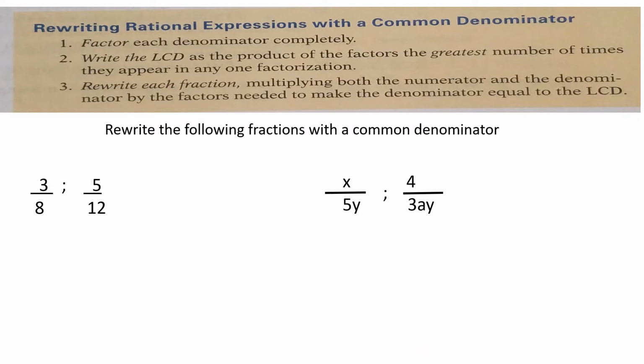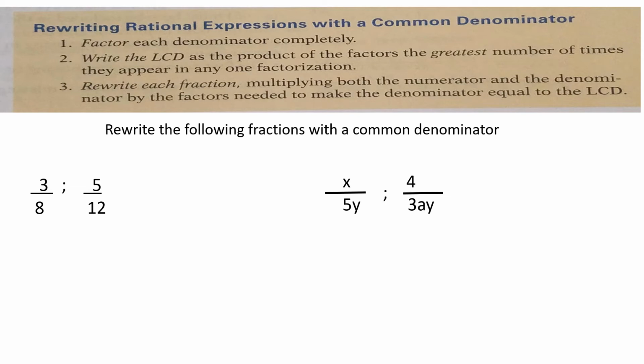So here they've given you some fractions. They say rewrite the following fractions with common denominators. Let's look at the first two. You might even stop the video and try it yourself if you want. Since we're in class, I'm going to go ahead and keep going. We've got to get a common denominator.